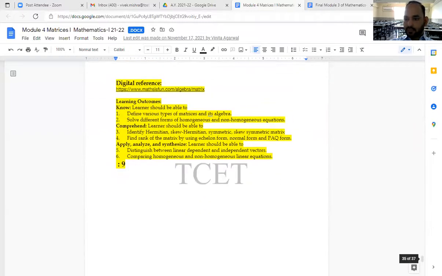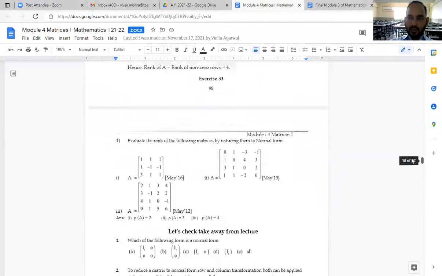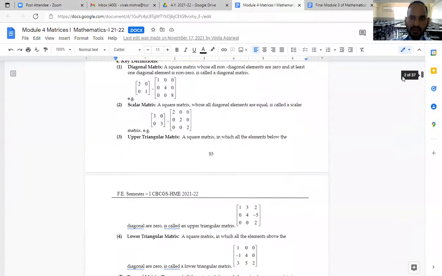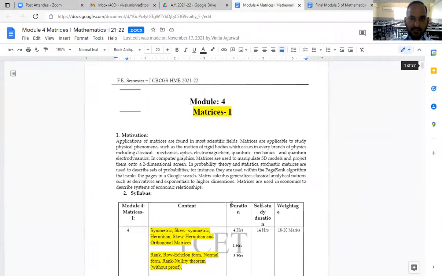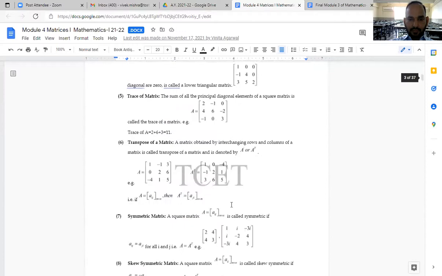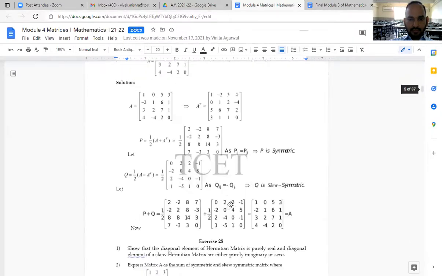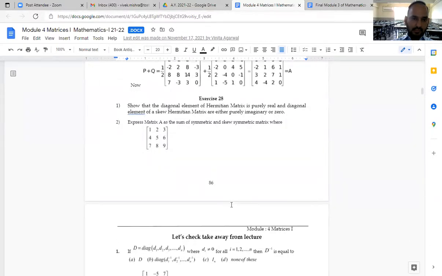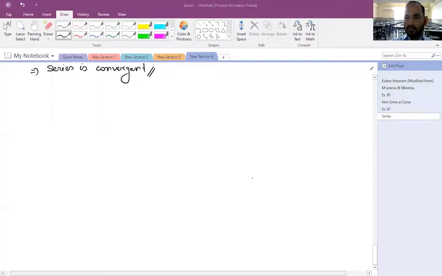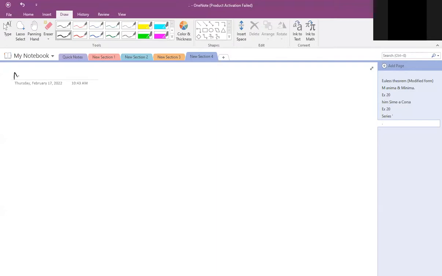So let's come to the concept of matrices. What is a matrix?